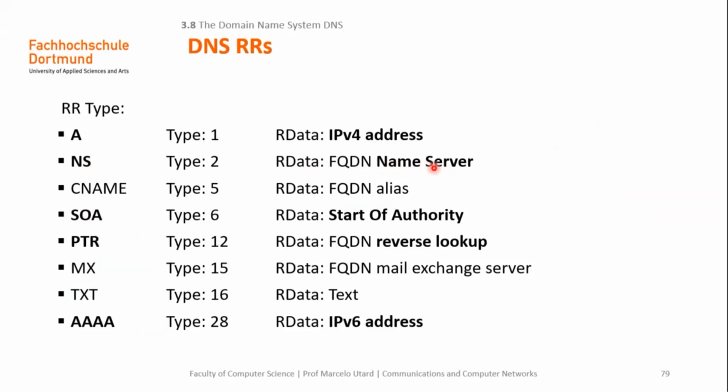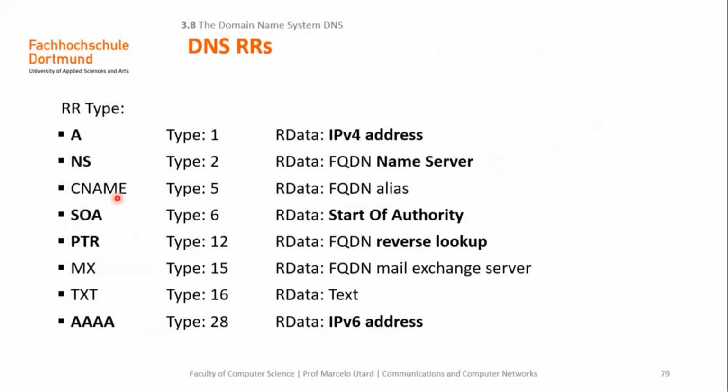Any zone has typically at least 2 name servers. One is primary and the other is secondary. But the NS type RR simply identifies the authoritative name server. The difference between primary and secondary is made only in some field of the SOA record. We will see that later.